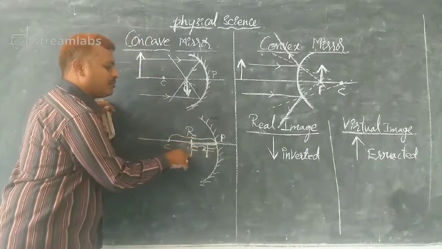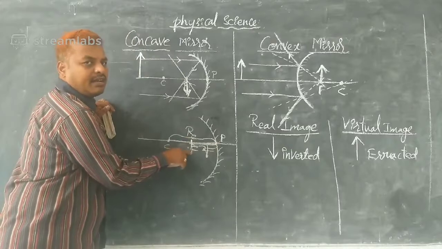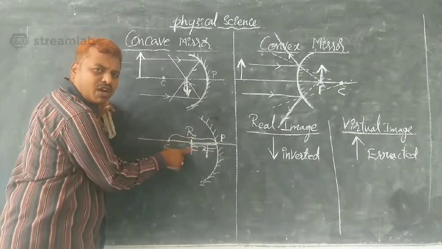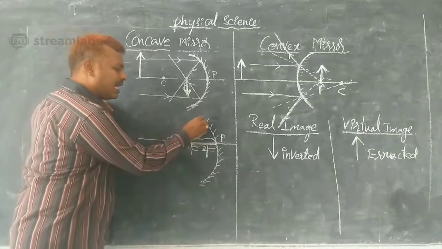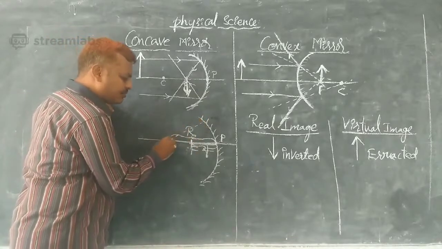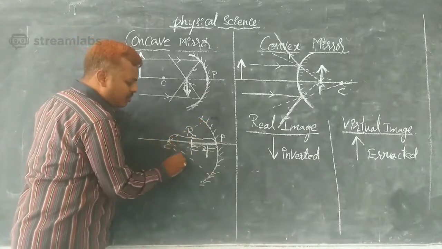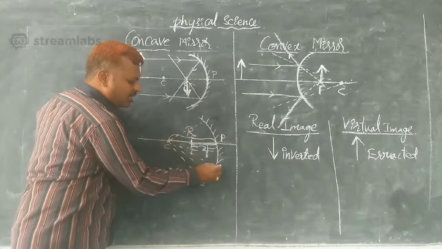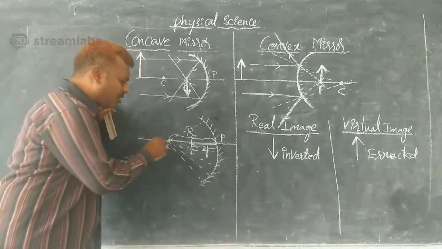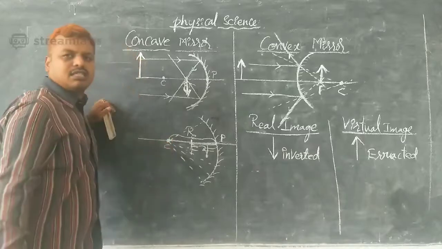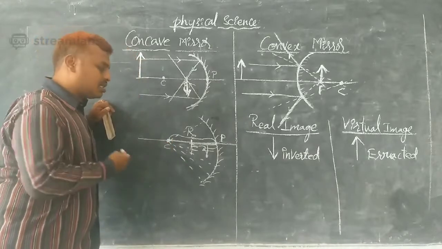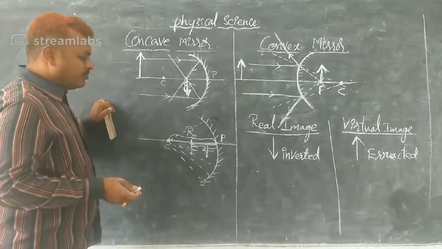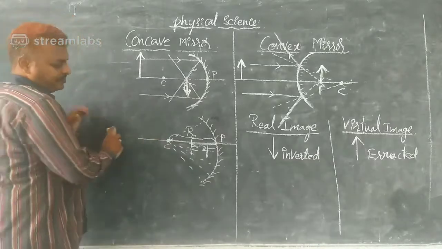This point is called focus, where all the light rays come and join. All normal lines, imaginary lines onto the mirror, are joined at one point called the center of curvature C. The normal lines are imaginary lines, whereas light rays are also imaginary only.